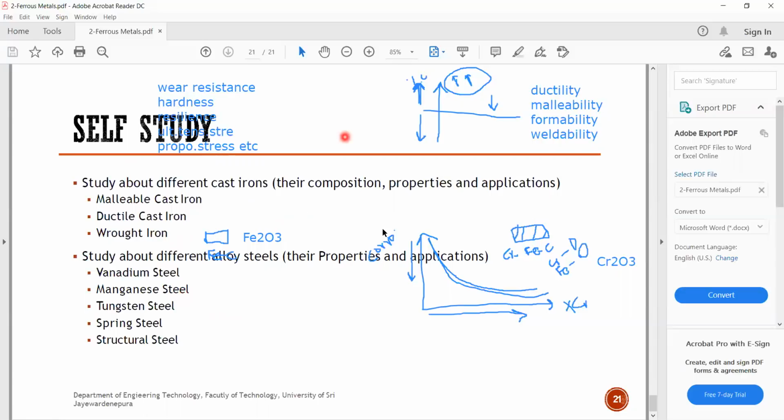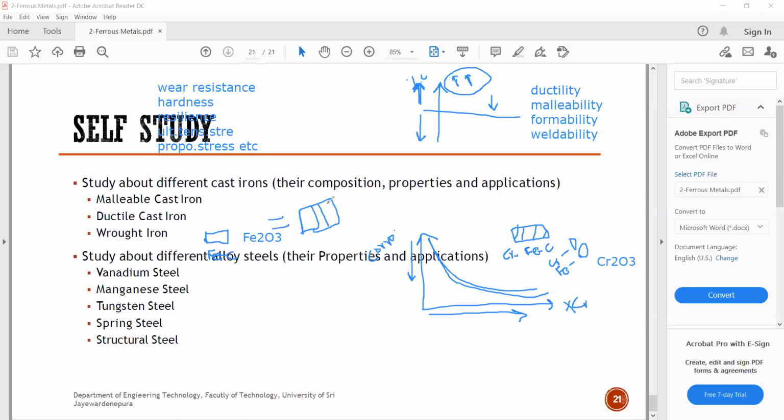Just put a table, 3 columns: cast iron, malleable cast iron, ductile cast iron, and so on. First one, composition, the carbon and other impurities composition, then properties and applications.